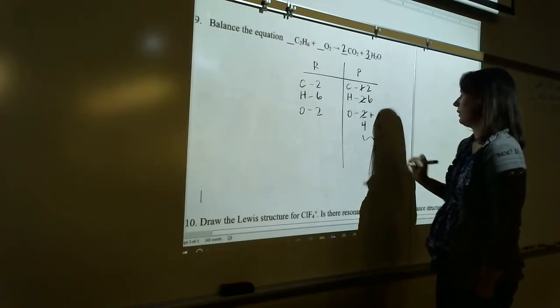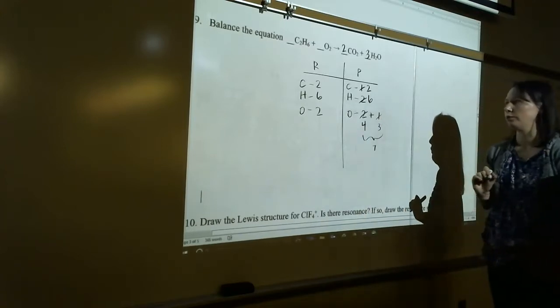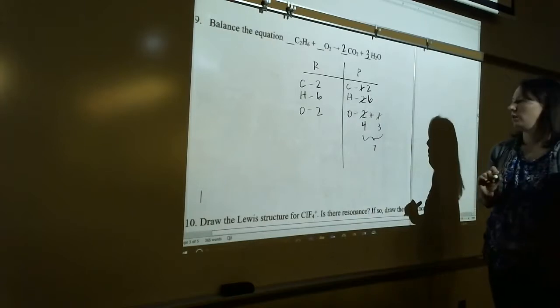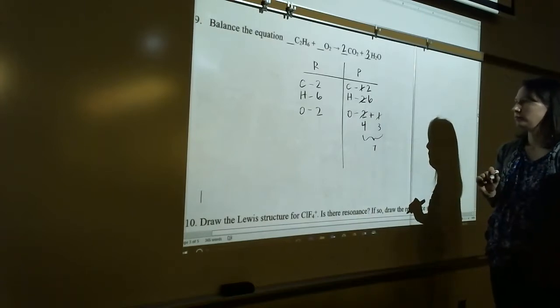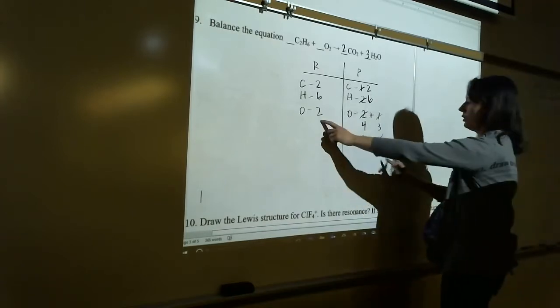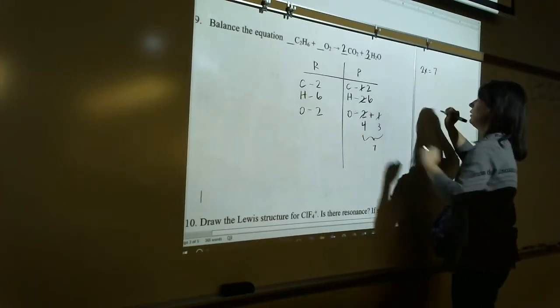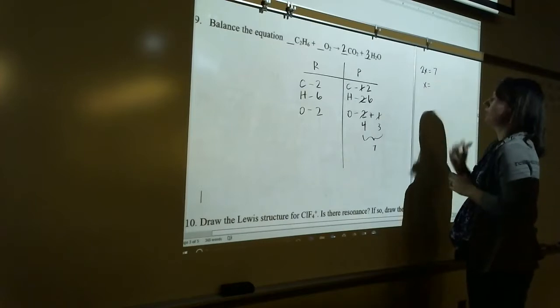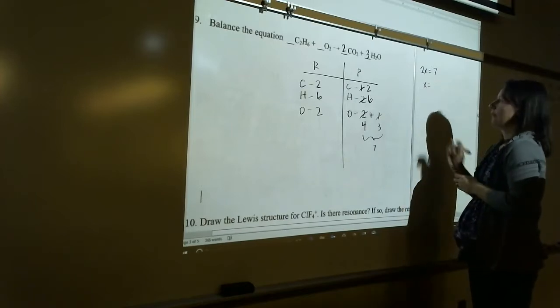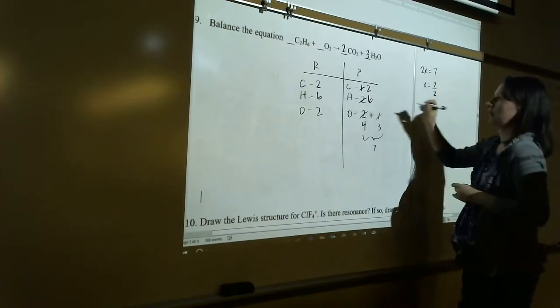This sum is 7. Is 7 a multiple of 2? No. So what do I do? How do I turn a 2 into a 7? I say to myself, okay, 2x equals 7. So x must be what fraction? 7 over 2, right.